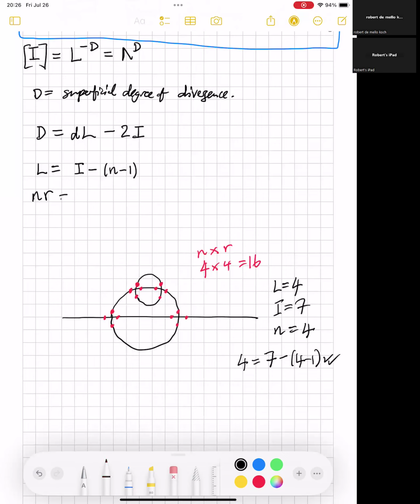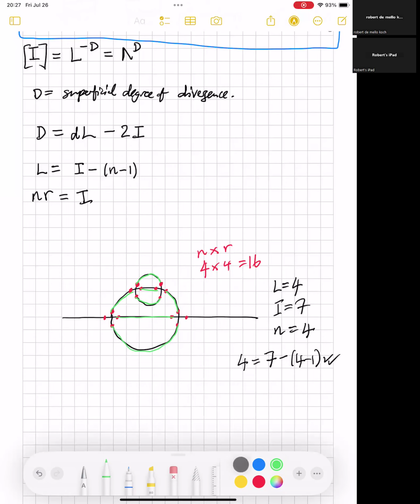This is equal to, well, each internal line, okay, each internal line runs between 2 red dots, okay? So each internal line connects to 2 of these red dots.